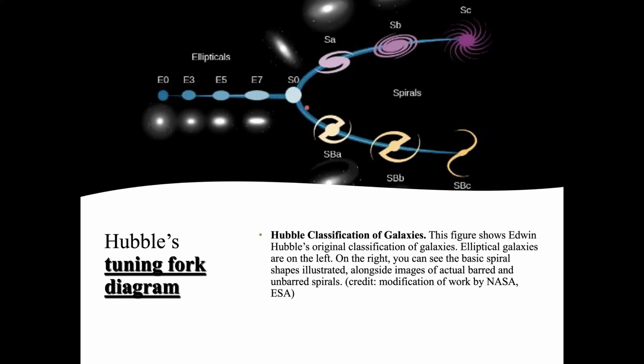And then you have these arms right here. In the arms, all you have is spiral arms. However, these spiral arms are also subdivided into 6 categories. The main difference when you go from left to right is how these spiral arms are wound in the galaxy. You can see that for the SA type, these arms are very tightly wound to the galaxy.